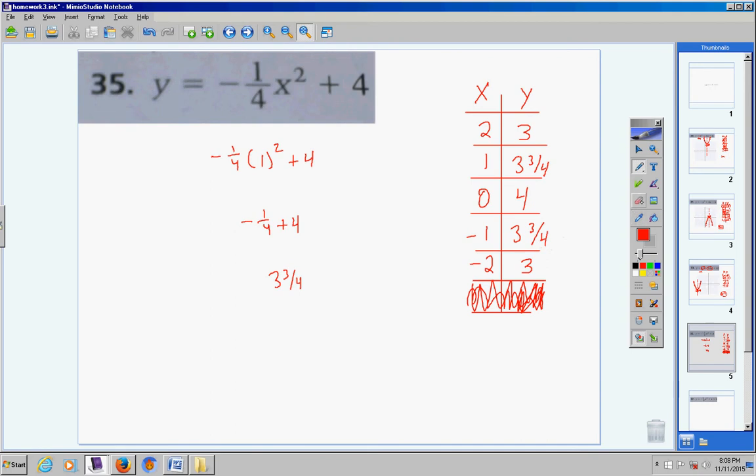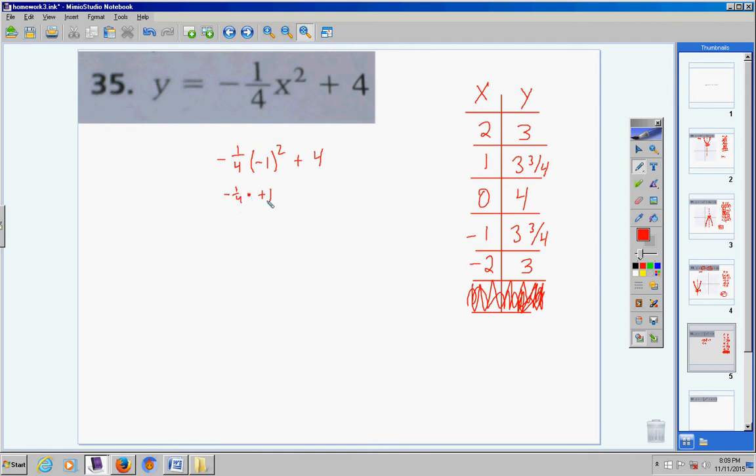I'm going to check by putting negative 1 in for x. So negative 1/4, negative 1 for x, positive 4. Now, when you square a negative 1, negative 1 times negative 1 is a positive 1. So now I have negative 1/4 times 1.